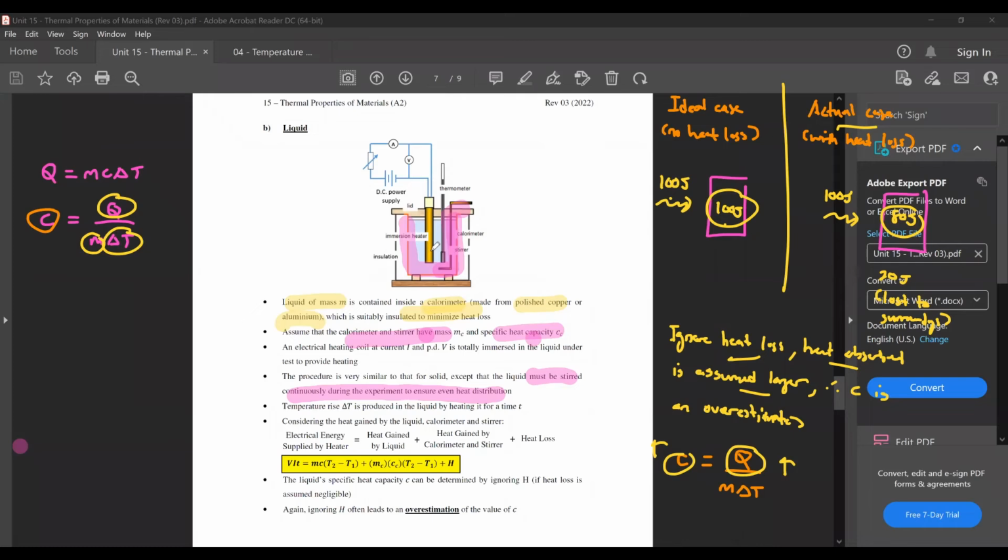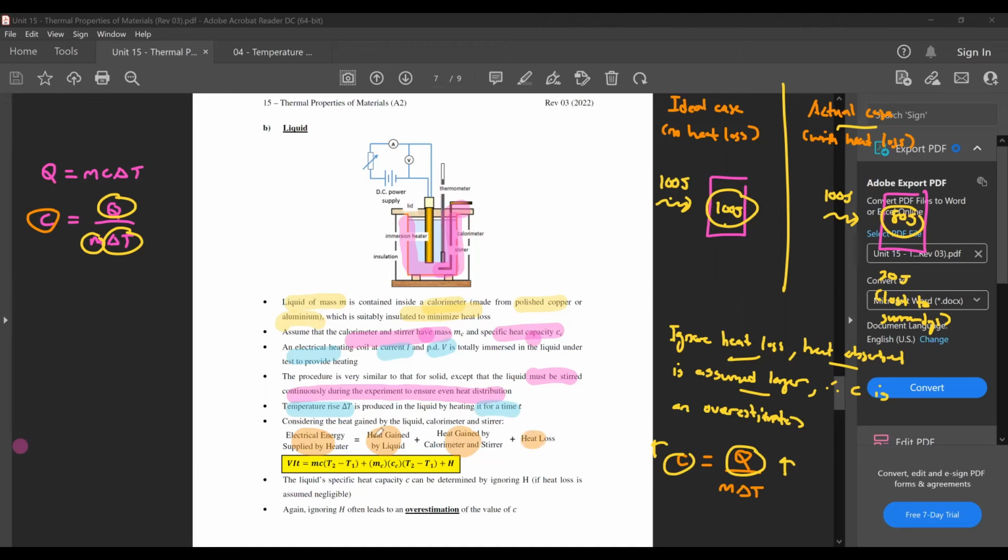When you want to find out the specific heat capacity of your liquid, you do it like you would the solid. You will need to heat it up using your electrical heater. Make sure you find out the current and voltage across the heater so that you can find out the heat energy supplied. Then you measure the temperature rise before and after heating for a time of t. You apply conservation of energy, same as before, where electrical energy supplied by the heater equals the heat gained by the liquid plus heat gained by the calorimeter and stirrer plus any heat loss.